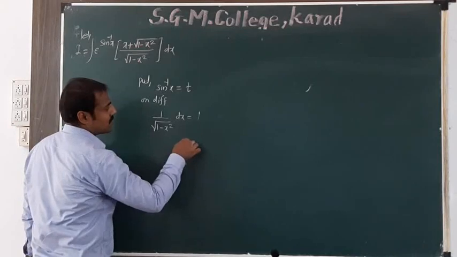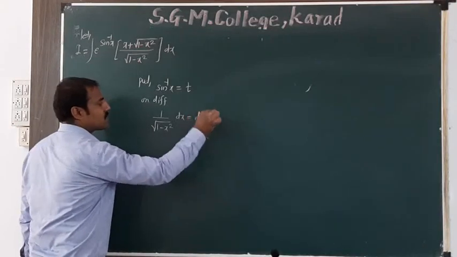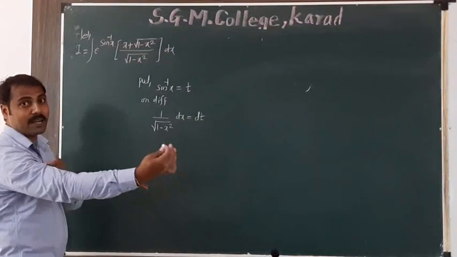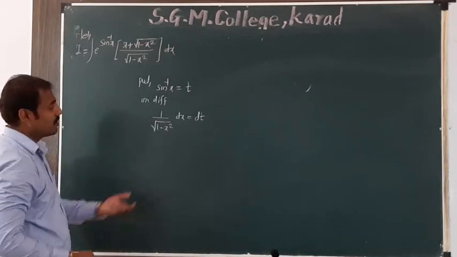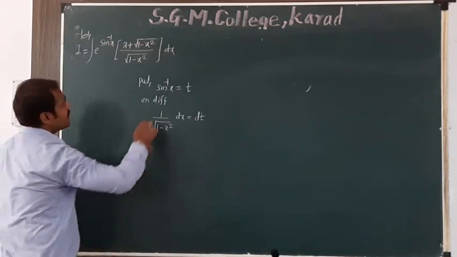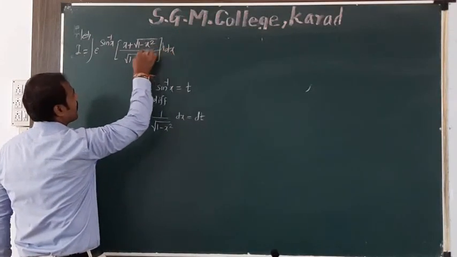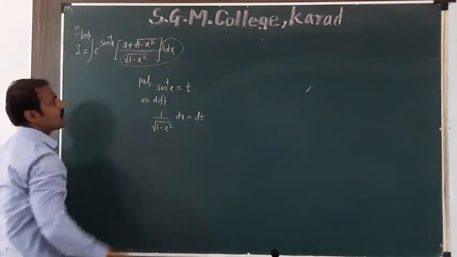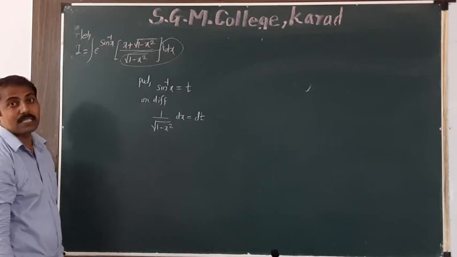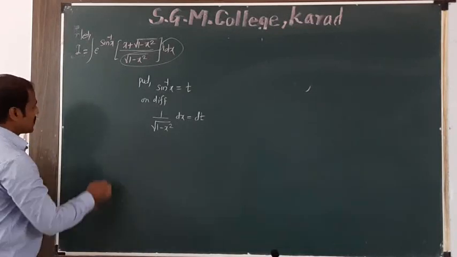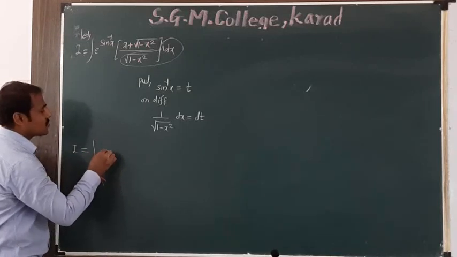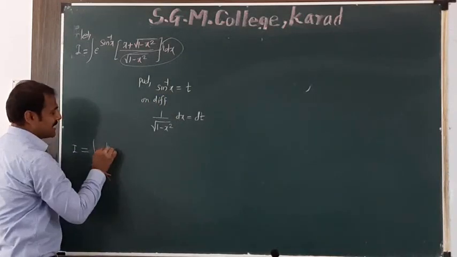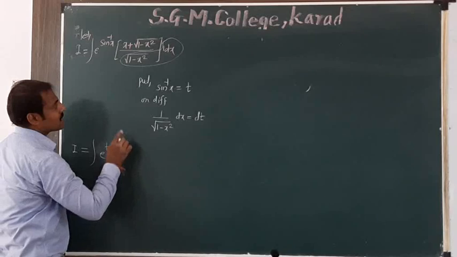Derivative of t is 1. Since it is differentiated with respect to t, multiplied by dt. RHS is in t, so differentiate with respect to t. And here that term, 1 upon root of 1 minus x square dx is dt. So I can write this as I is equal to integration of e raised to sin inverse x is t into x.